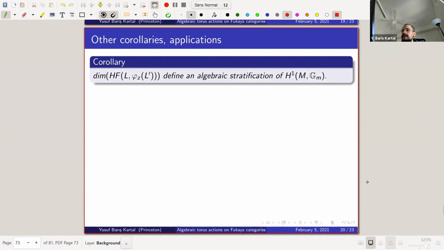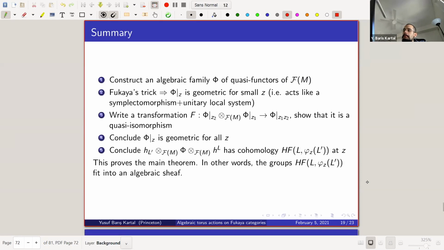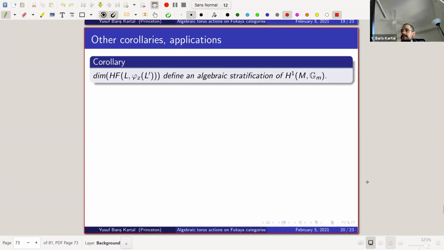So I'm not going to say much about the other corollaries and applications, but I already mentioned some corollaries of the first theorem. So another corollary is this rank.